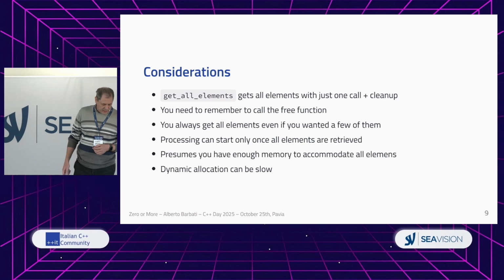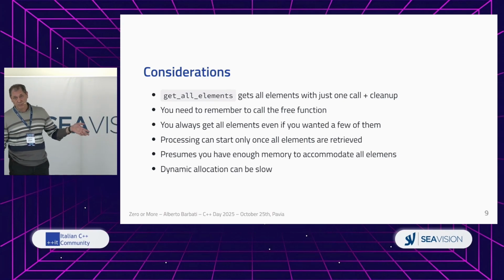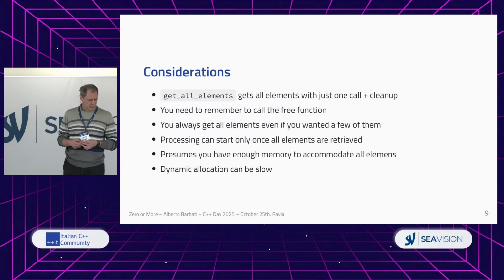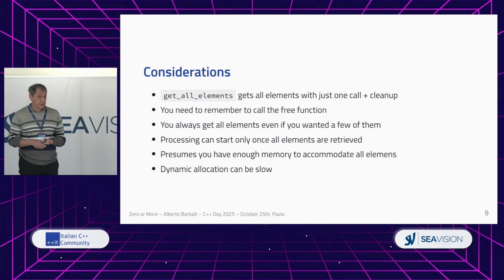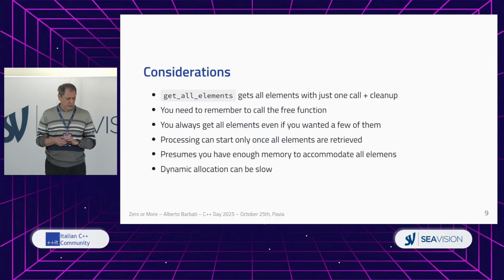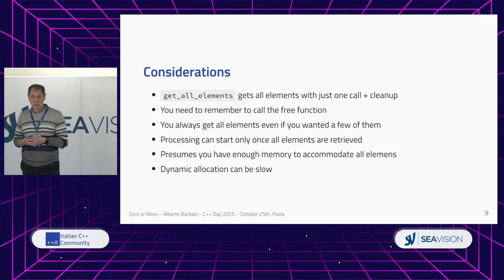Also, dynamic allocation may be slow, so it may be a problem in some situations. And also we have to assume that we have enough memory for all the data. If I am on an embedded platform that has limited memory, then I need to allocate a buffer for the entire number of elements, and that may be too much.